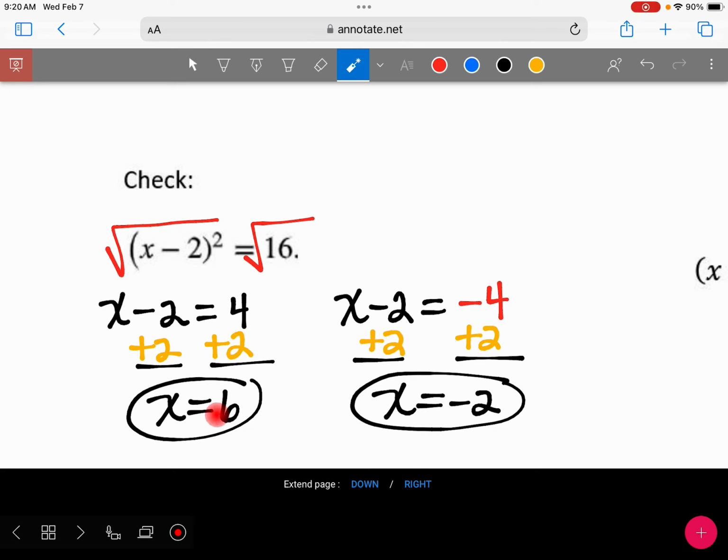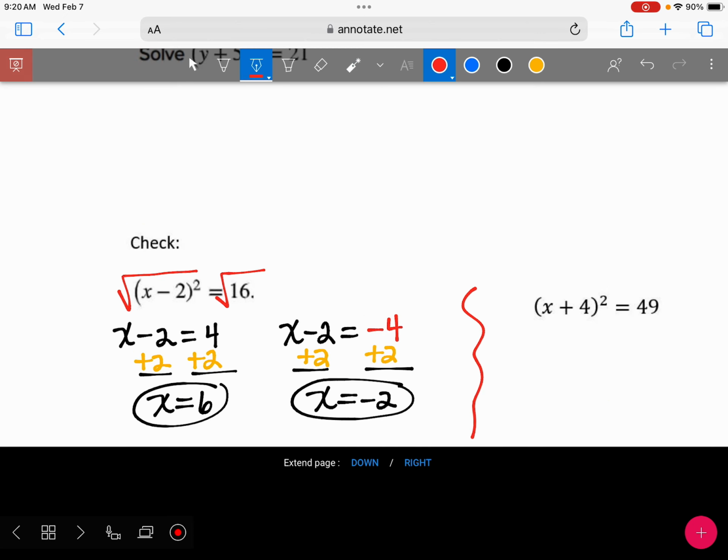So when I add 4 plus 2, I get 6. And negative 4 plus 2 is negative 2. All right, try to do this next one if you haven't already. Now, 49 is a perfect square, so we won't have a decimal. So take a minute and try to find your two answers. Take the square root, break it apart, and solve.